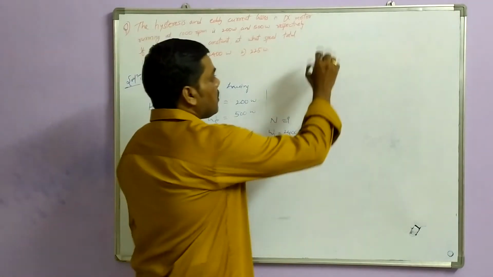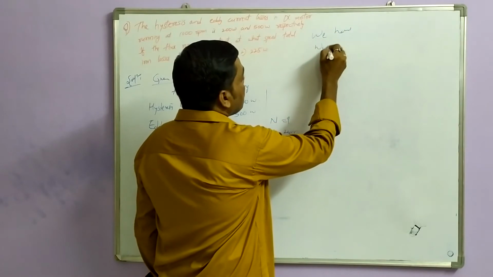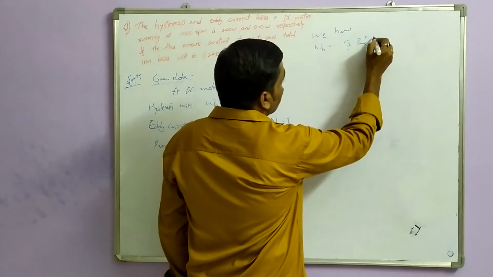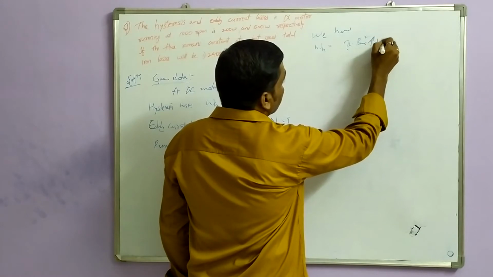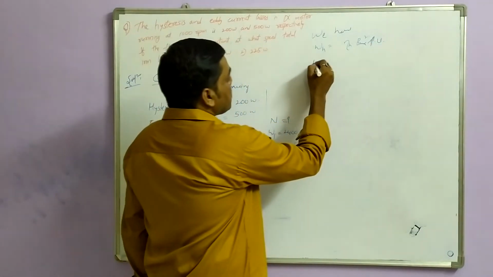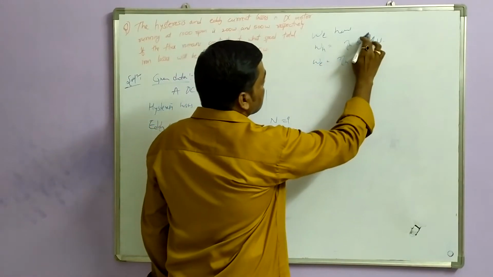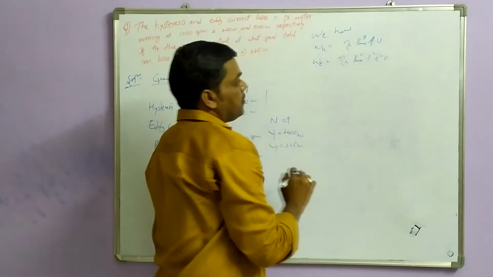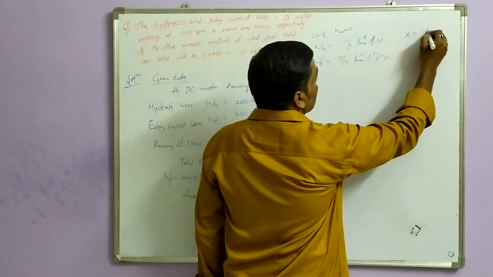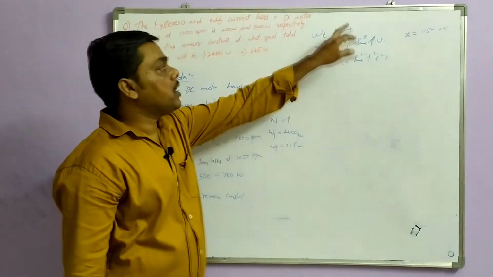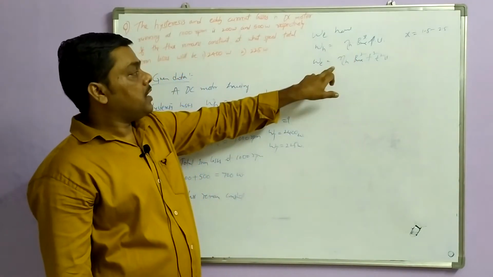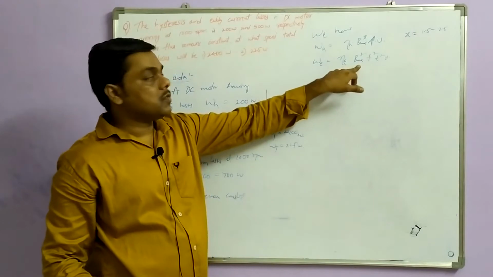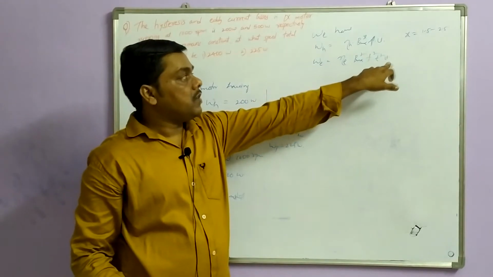If you remember the hysteresis formula, we have WH equal to eta H into B max to the power x into f into V, whereas eddy current losses are eta E into B max square into f square into t square into V. Now x is 1.5 to 2.5, you can call it the Steinmetz exponent, and eta H is the Steinmetz constant, eta E is also a constant, B max is the flux density, f is the frequency, t is the thickness, and V is the volume.